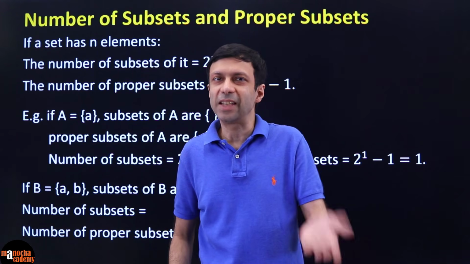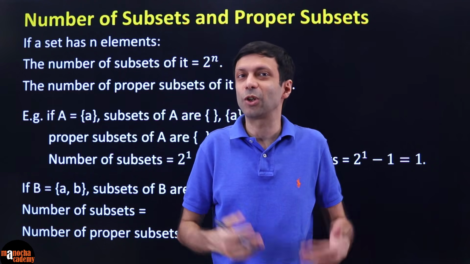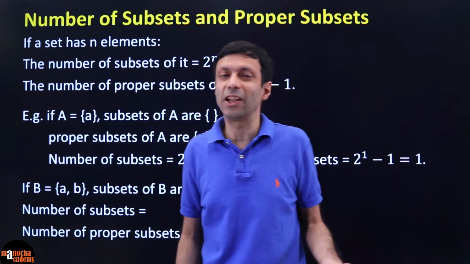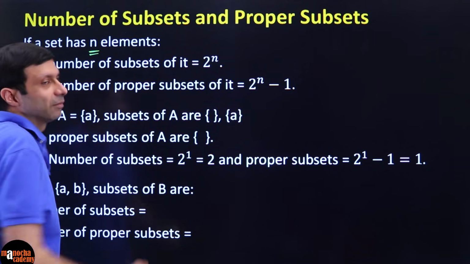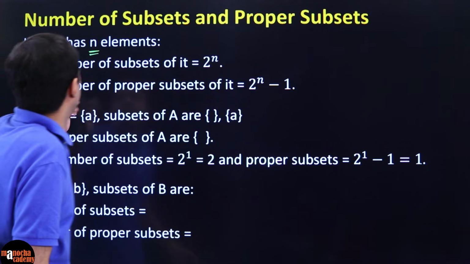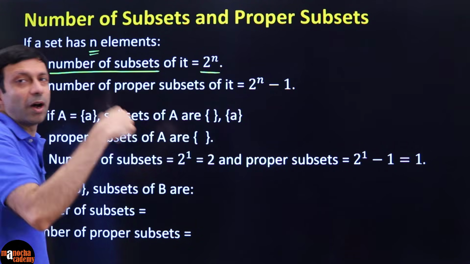Now let's say I give you a set. How do we find the number of subsets or proper subsets of that set? There are actually formulas to calculate it. Let's take a look at the formulas. So let's say a set has n elements in it. Now n could be 0, 1, 2, 3 and so on. The formula says that the number of subsets is 2 to the power n.